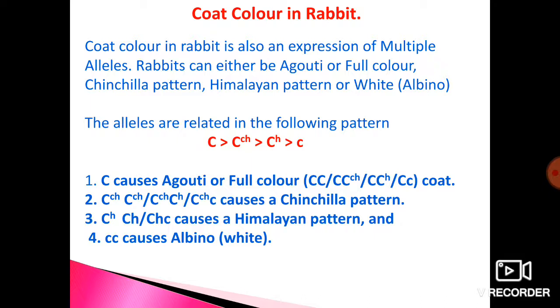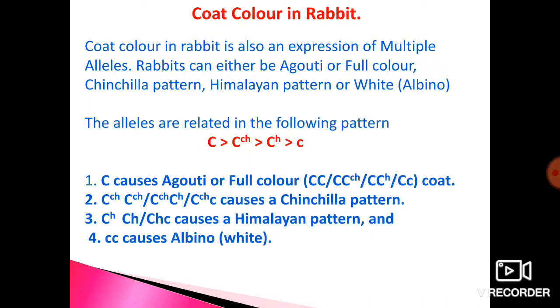In case of Chinchilla, we will now remove the capital C, because if capital C is there, you cannot have Chinchilla. For Chinchilla, you should have a homozygous C^ch C^ch or a heterozygous C^ch C^h or C^ch c, because the rule of dominance follows true here also. In case of Himalayan pattern, again we remove the first 2. So C^h becomes dominant over the small c.